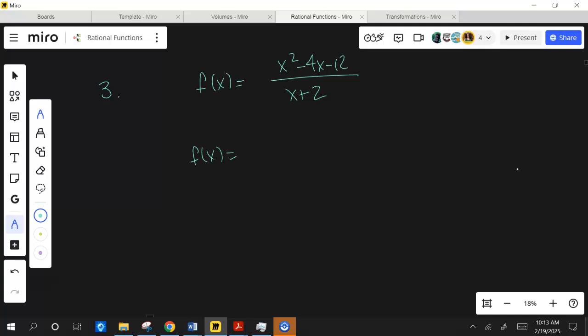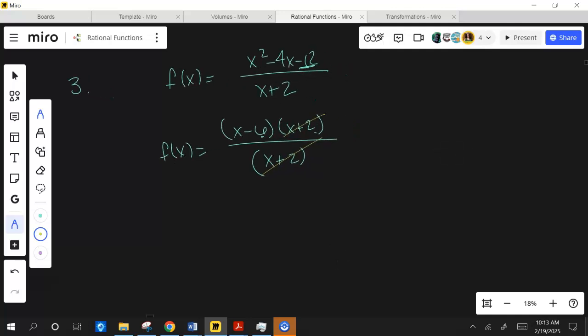But it's a shortcut, because what multiplies to -12 but adds to -4? -6 and +2. All right. Malaya says we have a hole at -2, and she's exactly right. Those cancel, which creates a hole at -2.